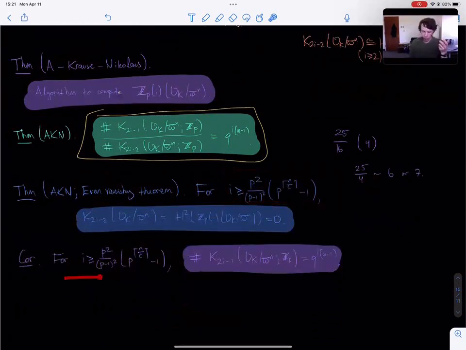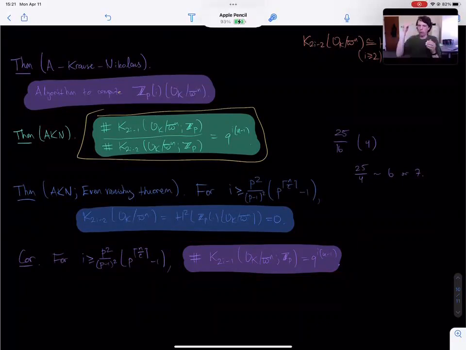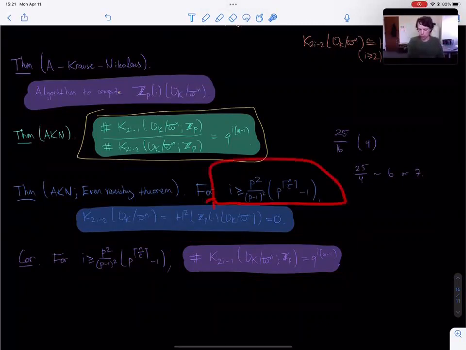And that proves that for large i, we get the exact order of the odd K groups, which reduces the computation of the orders of all K groups to a finite problem. Namely, compute until you hit this bound. You just use the algorithm, actually spit out the computations until you get this bound. And then you've computed all of the orders.